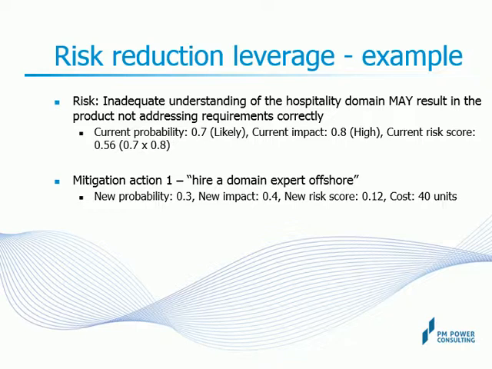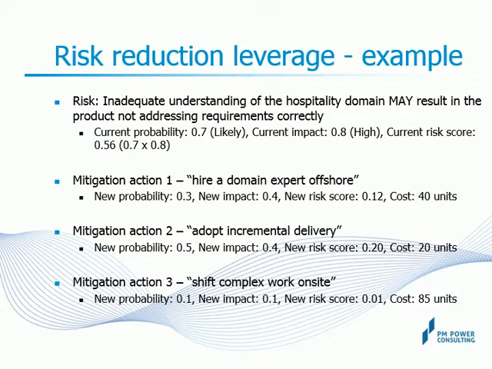As a consequence of this action, the new risk probability is estimated to reduce from 0.7 to 0.3 and impact to reduce to 0.4. So the risk score is the product of 0.3 and 0.4, which is 0.12. The cost of the domain expert is assumed to be 40 units.